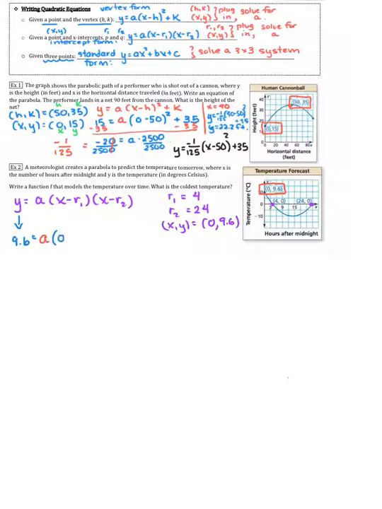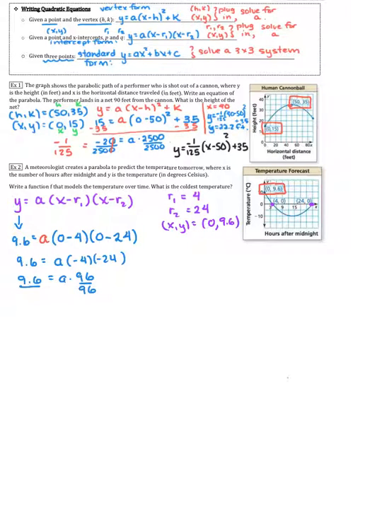X is going to be 0, which makes it nice and easy, minus the first root, and then 0, still the same x value, minus the other root, and then we want to simplify this out. So we have 9.6 equals A times negative 4 times negative 24, so 9.6 equals A times positive 96, a negative times a negative.